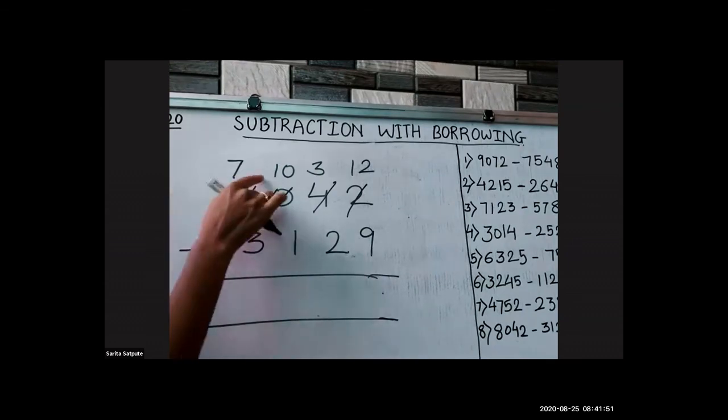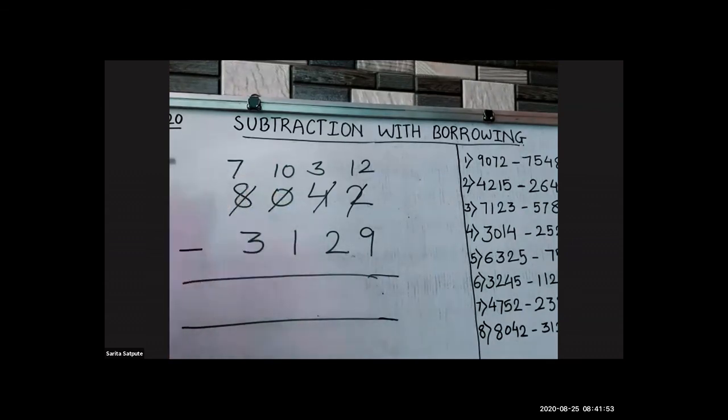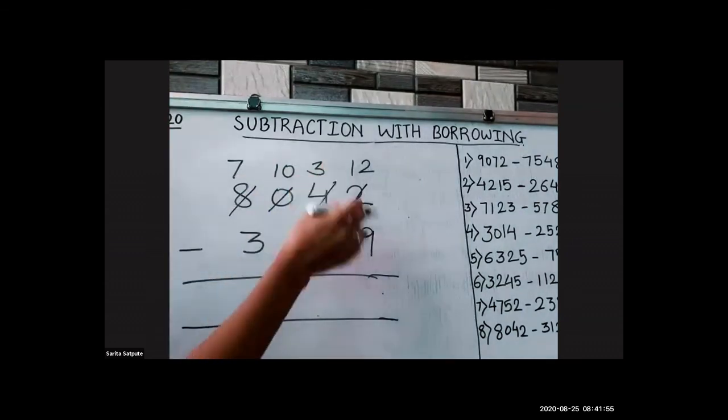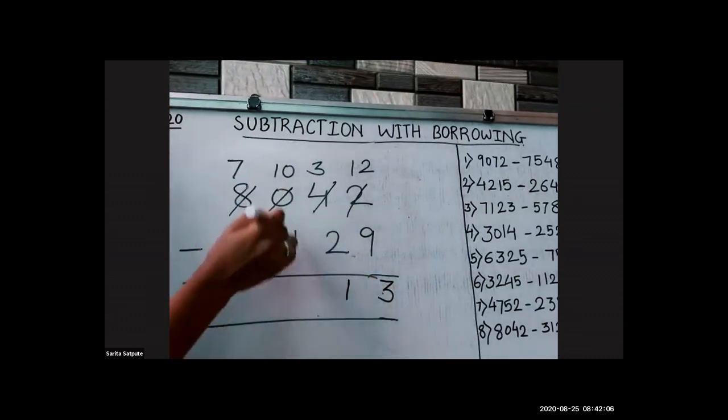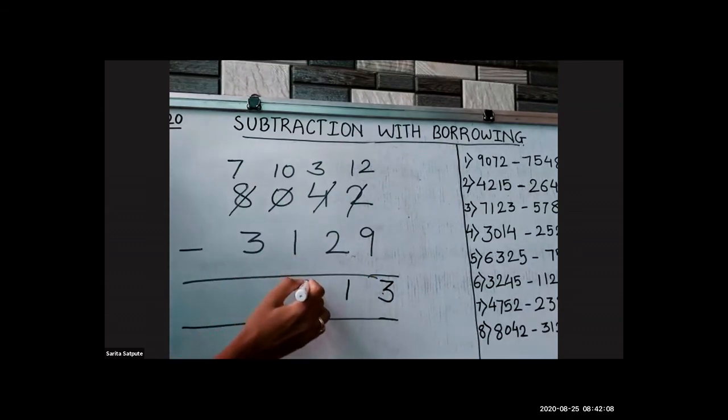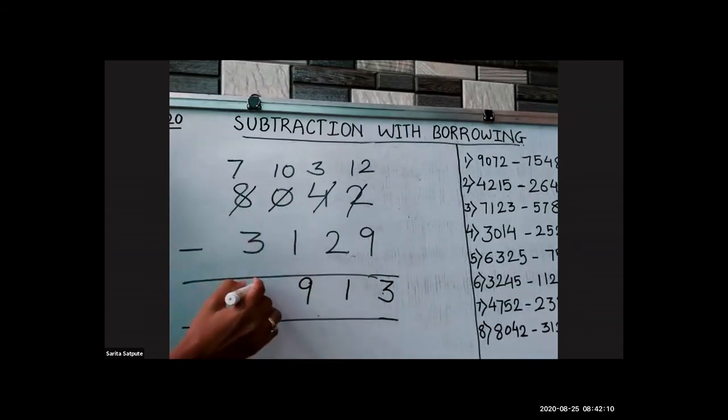Yes, because 8 has given one number to 0, so 8 will become 7. Now you can subtract. 3. Very good. 3 minus 2. 1. 10 minus 1. 9. And 7 minus 3. 4, not 6. So your answer is 4,913.